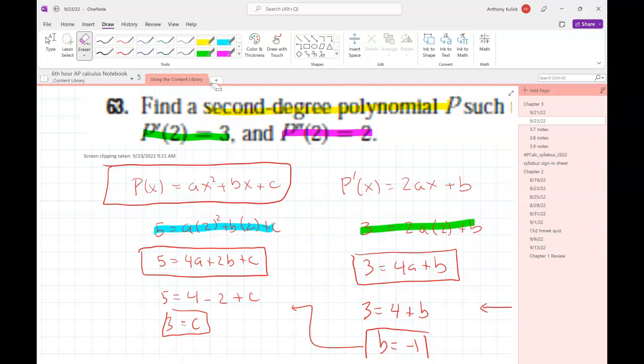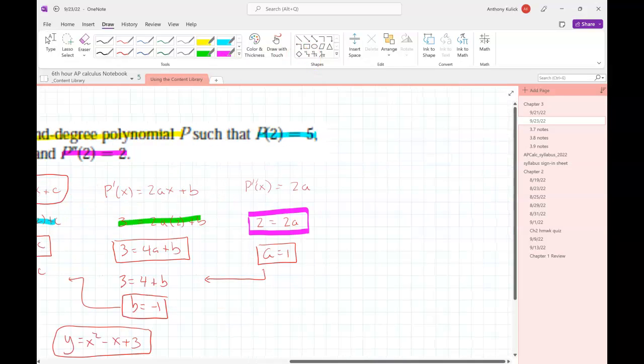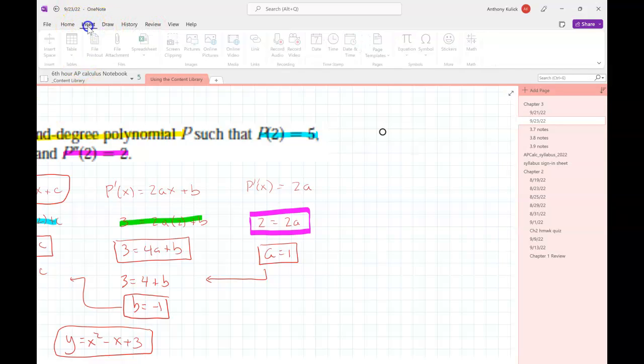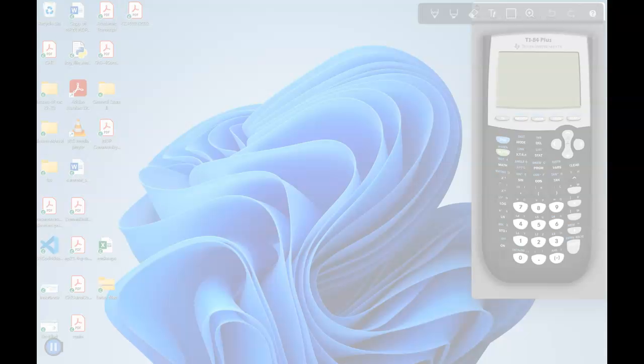Who's next? Blake? Okay, so for number 67, I just don't really know how do we know if that actually creates a corner? Yeah, let me grab the whole problem here so everybody else can see what we're talking about.